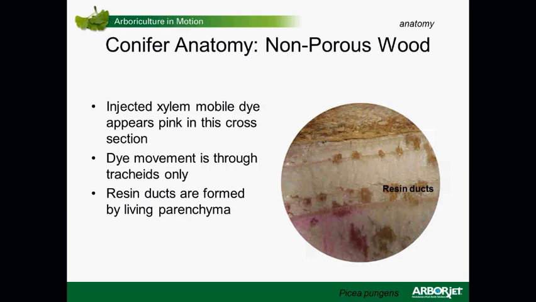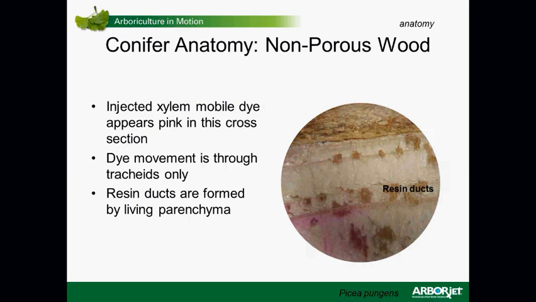And here is a spruce, and you cannot see the pores because there are no pores, but those tracheids are really small, and you could barely make out where the dye was injected in the tree. They're just so tiny, so it really does present a barrier to uptake.